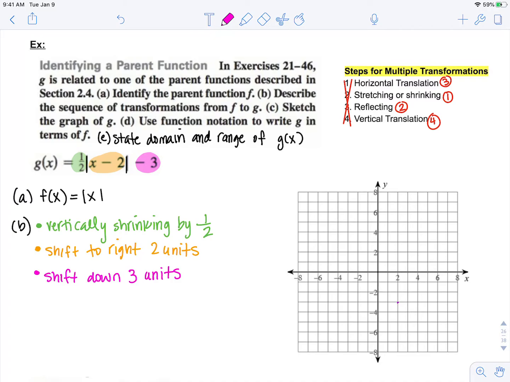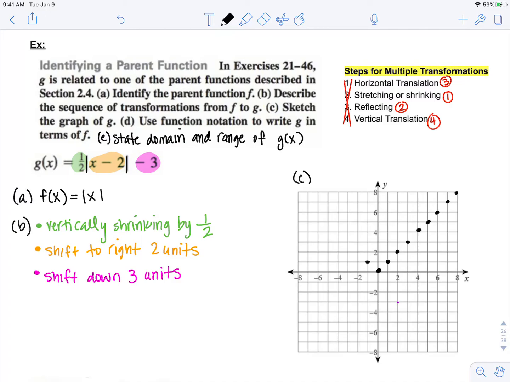Now we're going to use those transformations to sketch the graph of g. So the first thing I'm going to start with here is my parent function, absolute value of x.